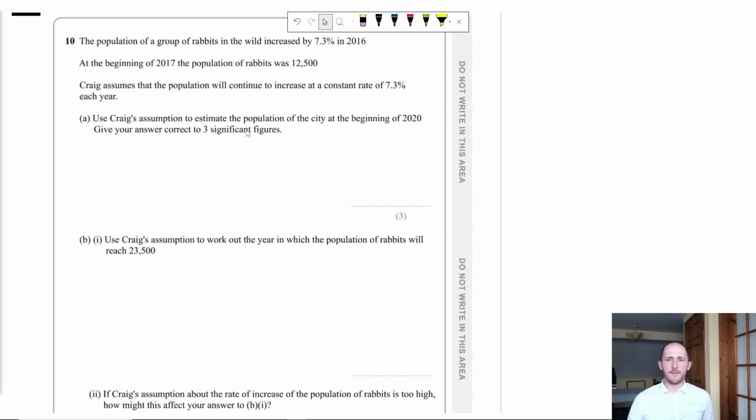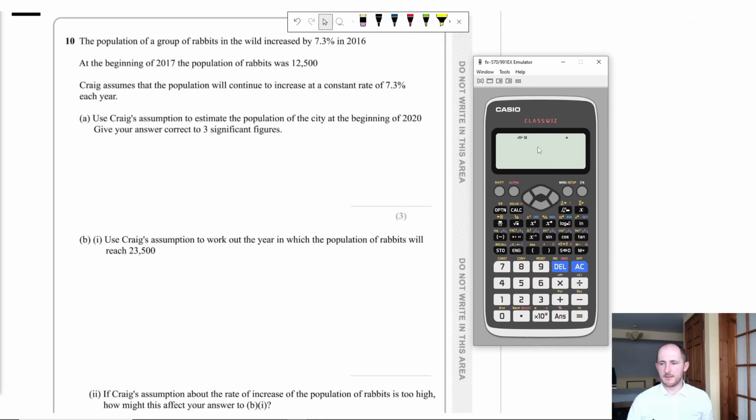So this question is applying iteration to real life situations. You are expected in your GCSEs to be able to translate situations into maths, whether it be linear, quadratic, or things like iteration. As we can see, the population of rabbits in this city is increasing by 7.3% every year, at least we assume so. So what does that mean?